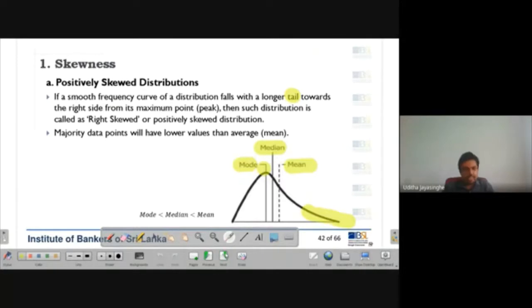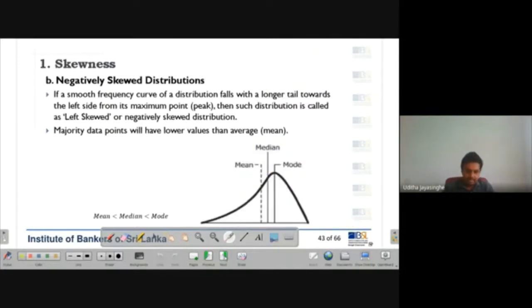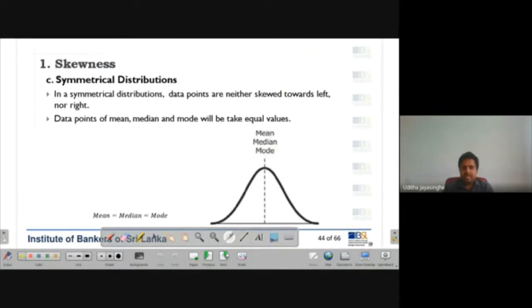Let me take a little detour and skip the negatively skewed distributions also and discuss this symmetric distribution first. Now, here, students, what can we observe? Mean, median, and mode, all these indicators you can see are being aligned. They are not aparting from one another.